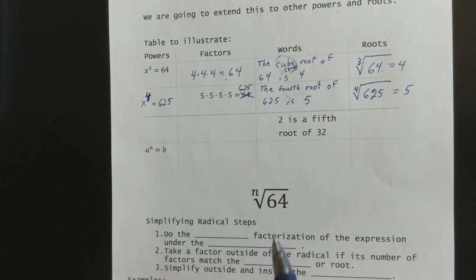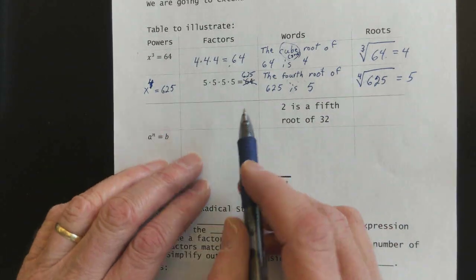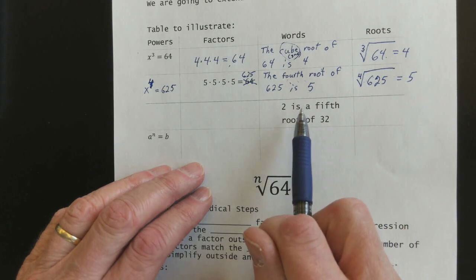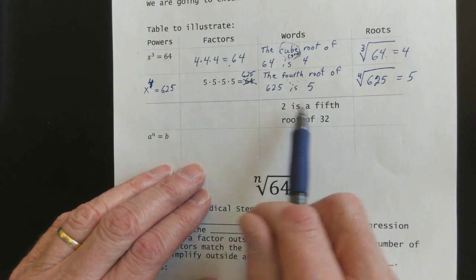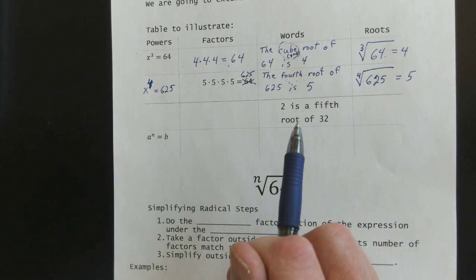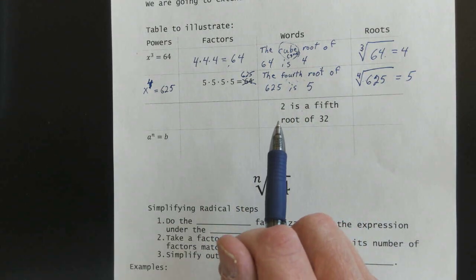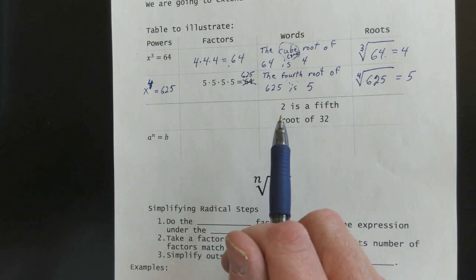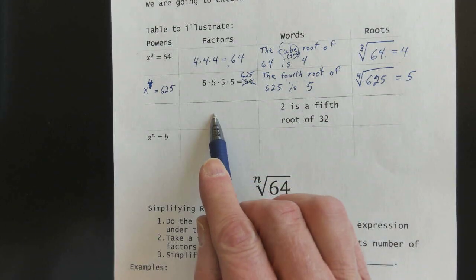All right. Anybody want to help me put what we should? 2 is a fifth root of 32. What are we thinking there? For this box, Ronan?